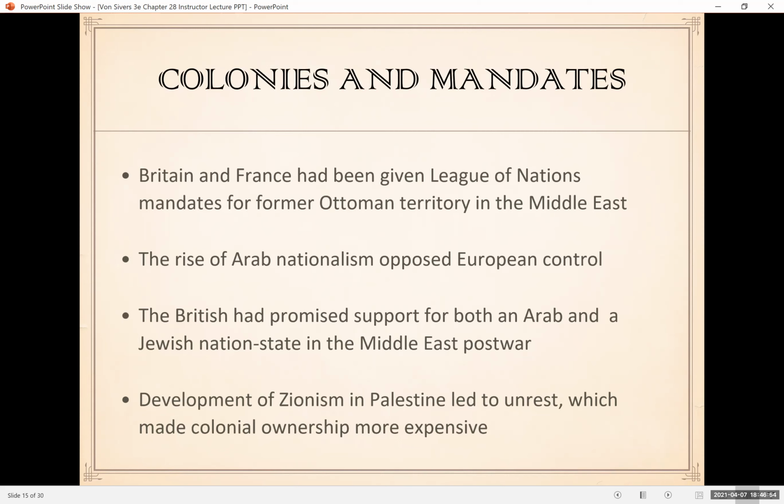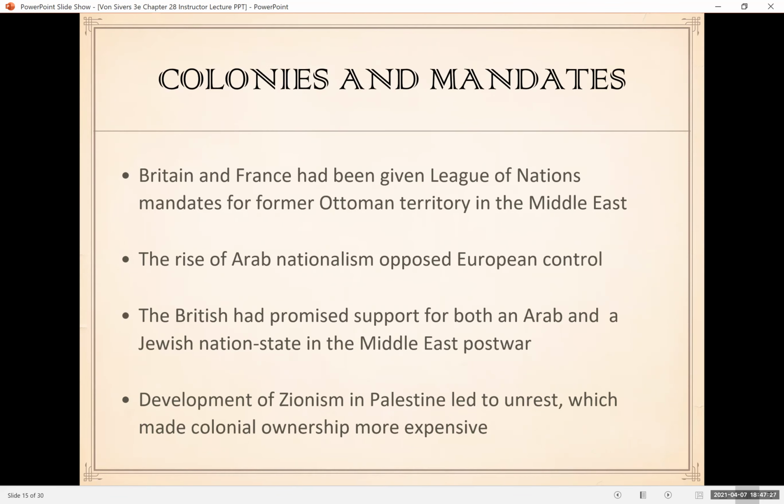And at that point, Great Britain was very hesitant to give up all of those areas that it had nominal control over. But the British had promised support for an Arab state and a Jewish nation state after World War One. So Great Britain is essentially working against itself.